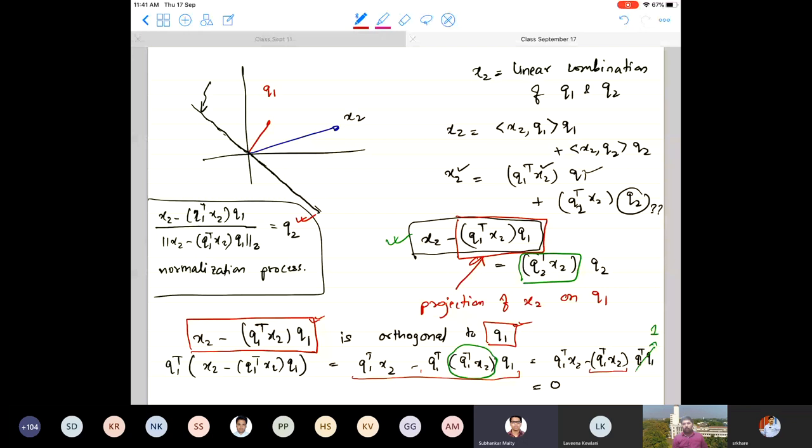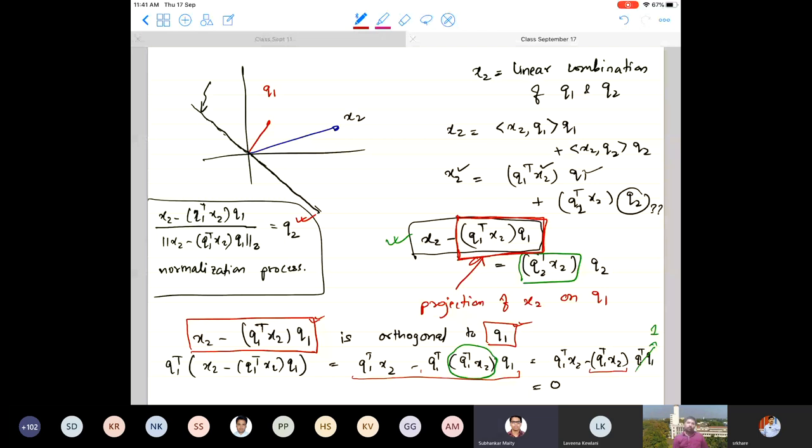No, the projection of x2 on q1 is this part, the red highlighted part that I am showing here. q1 transpose x2 into q1, that is the projection of x2 on q1.